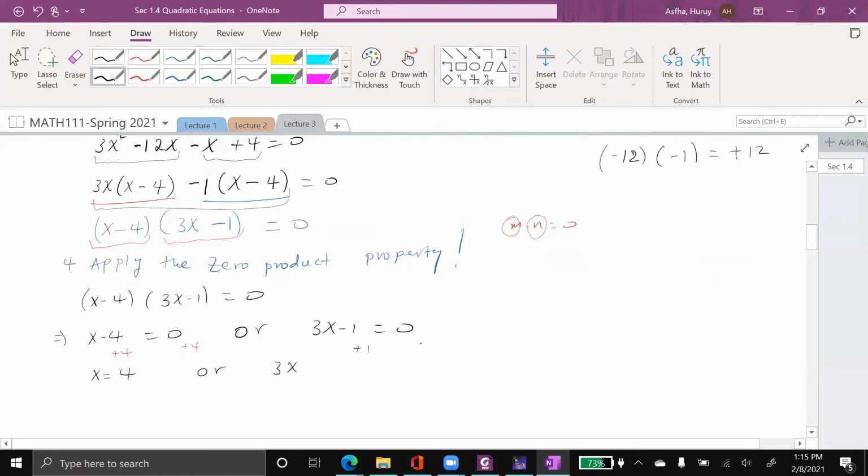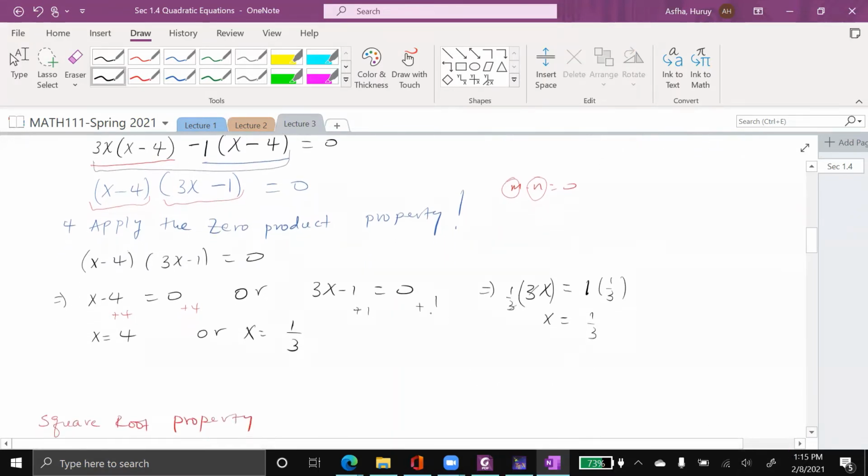You add 1 on both sides, and then you have 3x equals 1, and then multiply both sides by 1/3. And here they cancel out, and you have x equals 1/3. So from the second term, we have x equals 1/3.